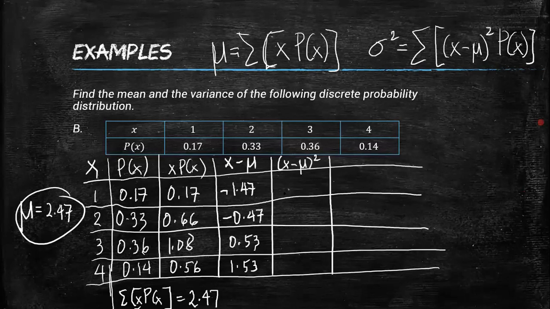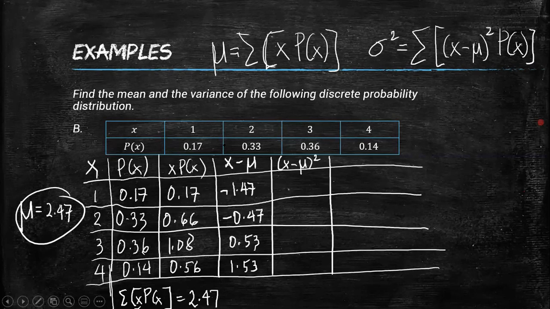Okay. And then square all the values that we have in our x minus mu. Okay? So pag square class, hindi yan siya times 2. Maliwanag? Pag square po, we need to multiply the number itself twice. Kasi squared, dalawang beses, twice. We need to multiply the number itself to itself twice. Okay?